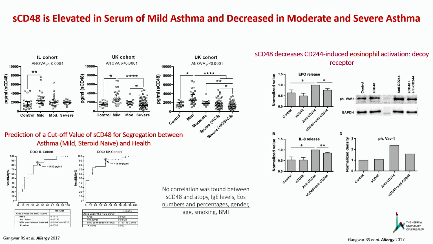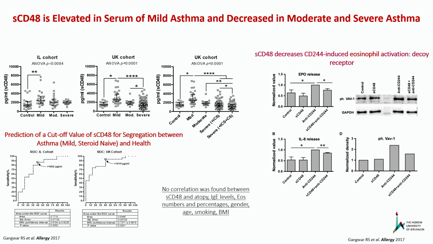And with the UK cohort, we had the big surprise that in mild and moderate asthma you have an increase of soluble CD48, but in severe asthma these levels of soluble CD48 go down, as you see, especially if we divide the inhaled steroid treated patients, and even more if it is a glucocorticosteroid oral treatment.